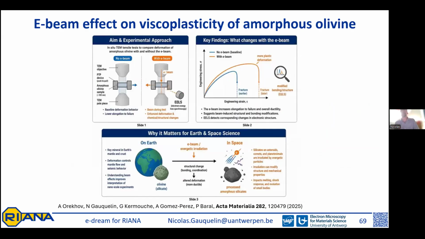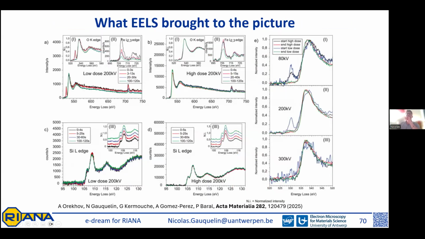This was also interesting. As you see, we are using an electron beam on a material, and this electron beam can induce some damage inside the material. And this damage can actually change the mechanical properties of the material. Here, I will not go much into details into this work, but what you can see is that by doing EELS at different incoming electron energies, we could identify the region where the damage was minimized, because you have two different sorts of damage.